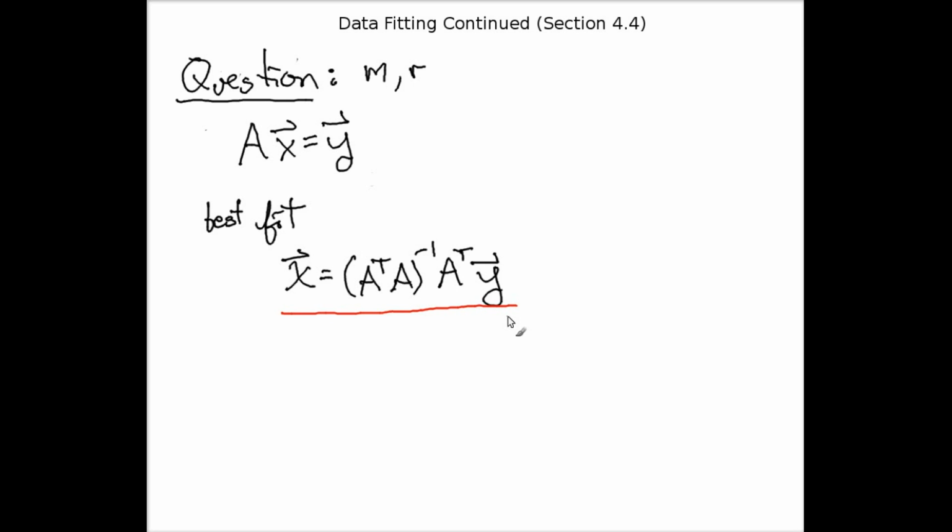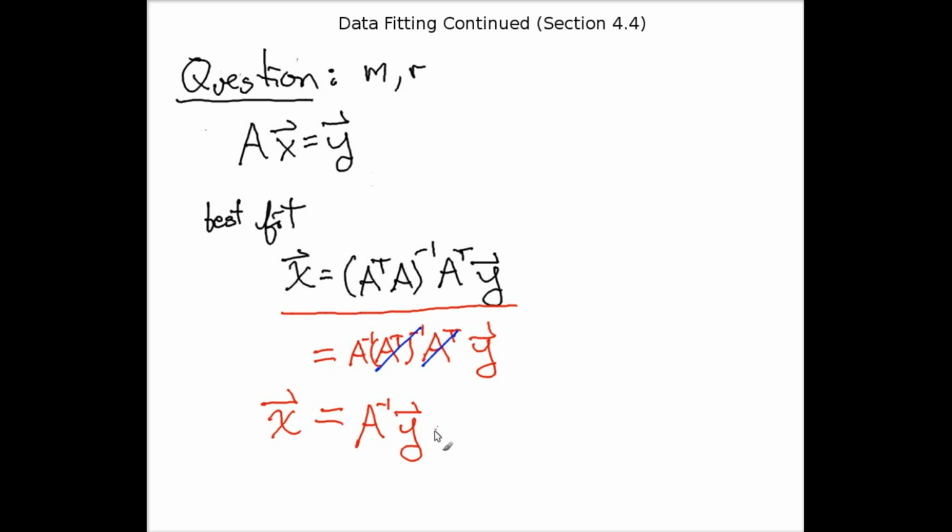Now, my question is, why can't I just do the following? This says A inverse (A transpose) inverse A transpose Y, and that's equal to, after I cancel these, A inverse Y. I get A inverse Y. Well, why not?